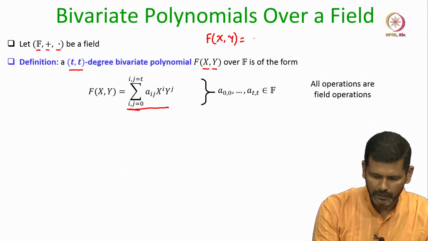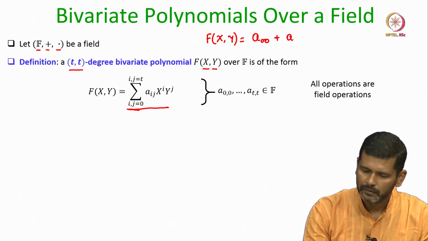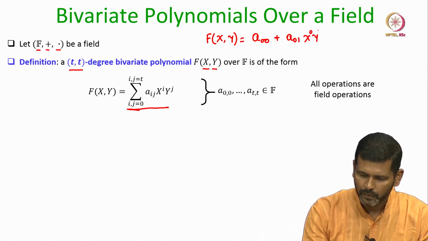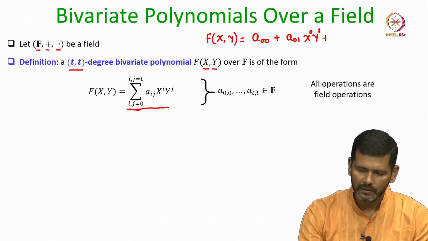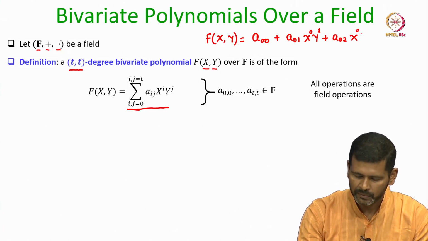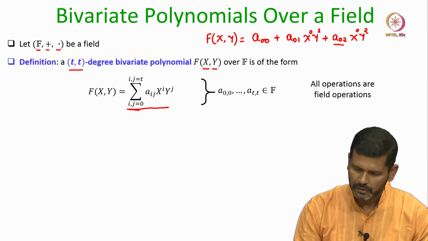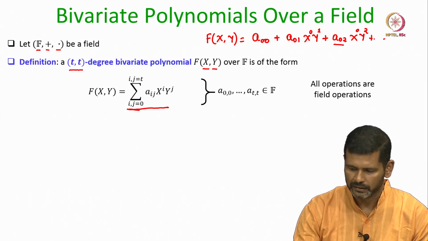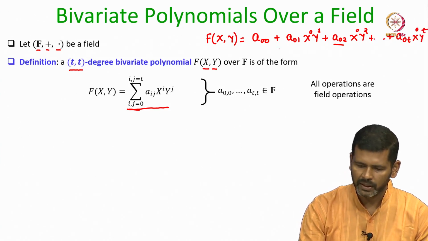You will have the constant coefficient a sub 0 0, and then you will have a term for x power 0 y power 1, its coefficient will be a sub 0 1, then you will have a term with x power 0 y power 2, its coefficient will be a 0 2, and like that you will have a term with x power 0 y to the power t, its coefficient will be a 0 t.